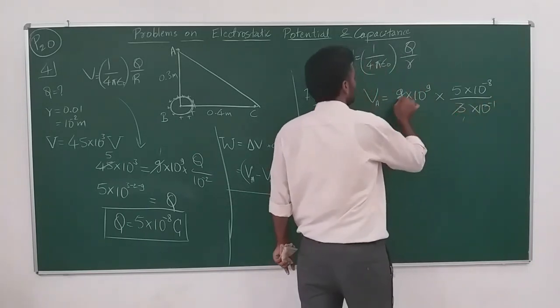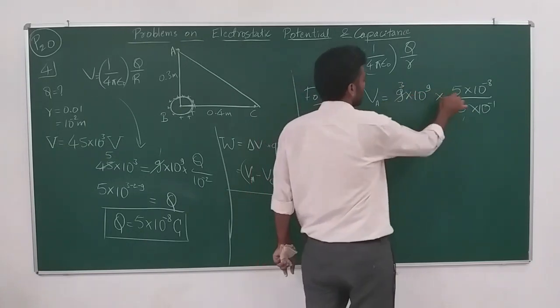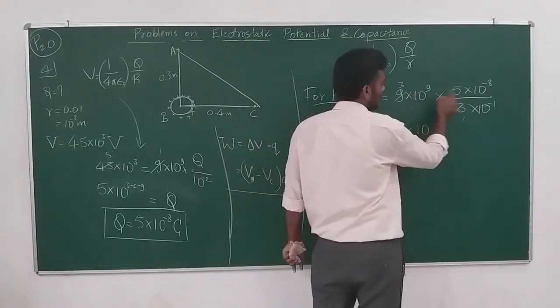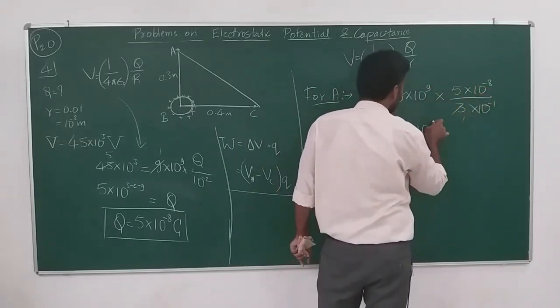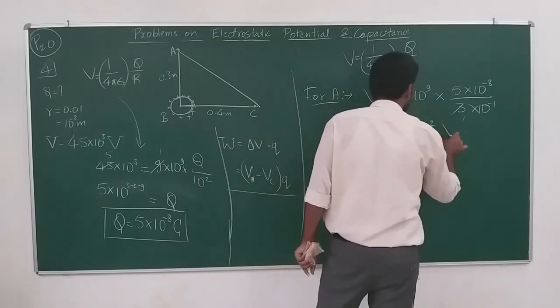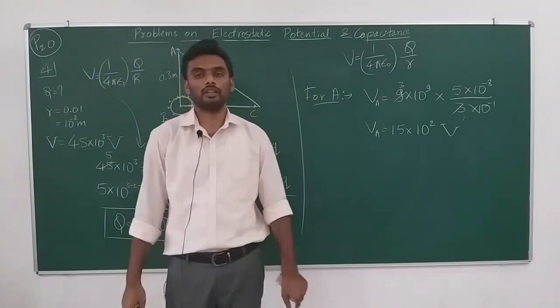Now 3 ones are 3, 5 threes are 15. So Va becomes equal to 15 into 10 to the power of 9 plus 1, 10, minus 8, 2. So 15 into 10 to the power of 2 volt, or I can also write it as 1.5 kilovolt.